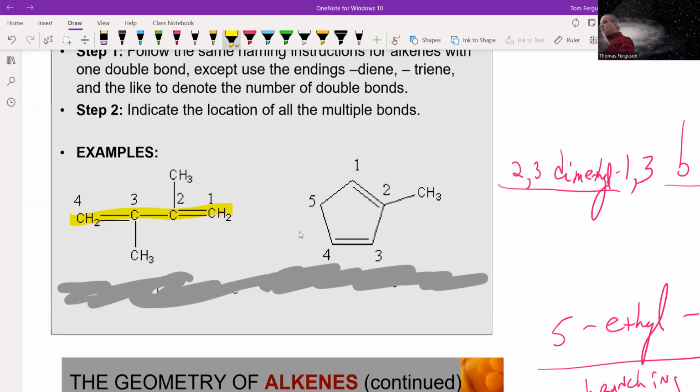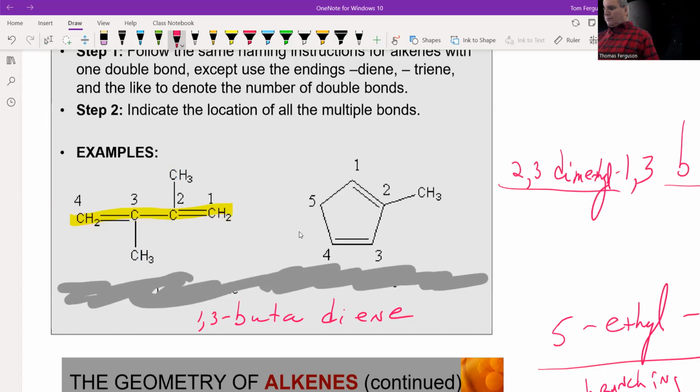That means it's going to be a diene. Okay, so if we number from right to left or left to right, it doesn't really matter. We'll get the same numbering in this case. So it's going to be a butadiene, di meaning 2, and the position is going to be 1,3. 1,3-butadiene.